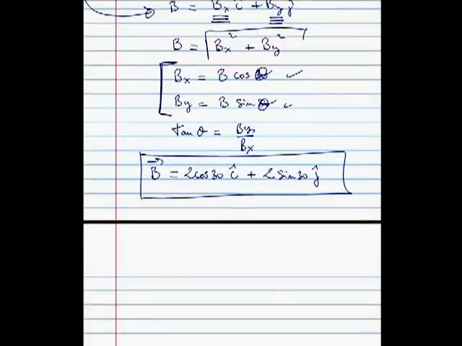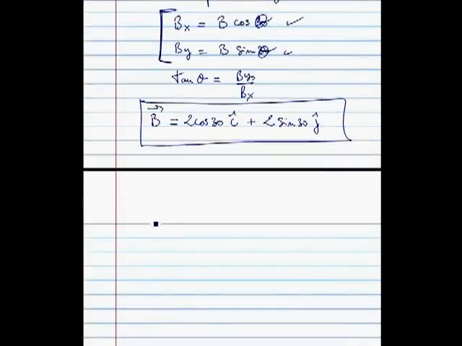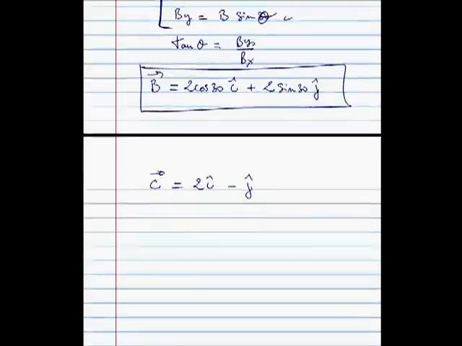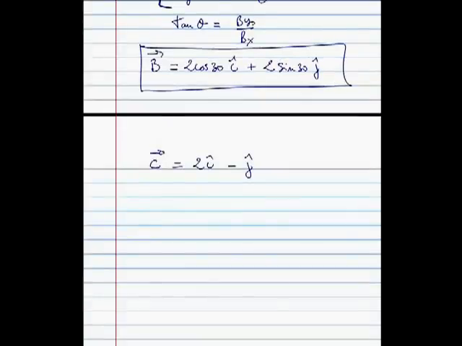Now let's imagine that you were given a vector c defined as 2i minus j, and we would like to rewrite it such that we know its magnitude and its direction.